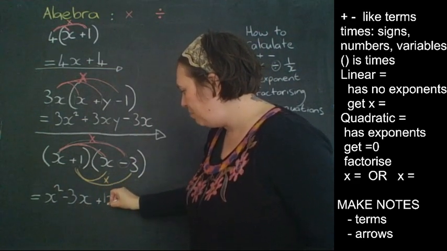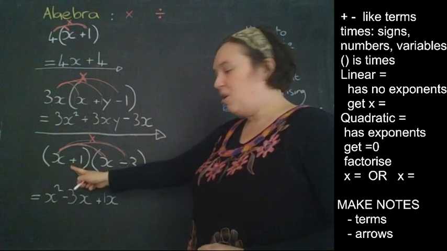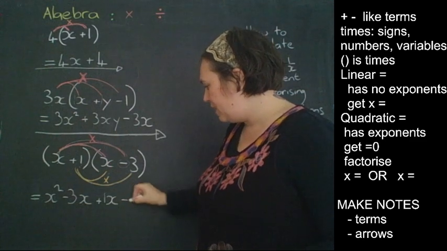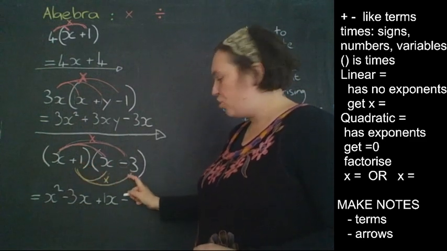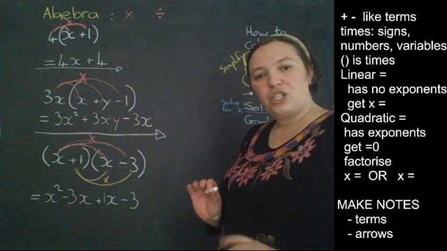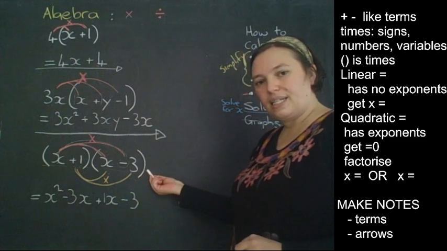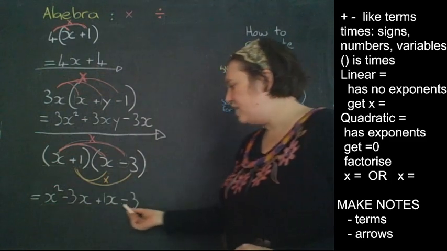You can write the 1, but you don't have to. Positive and negative is negative, and 1 times 3 is 3. Okay. So every single time when you've got 4 things like this, you're going to have 4 things in your answer.